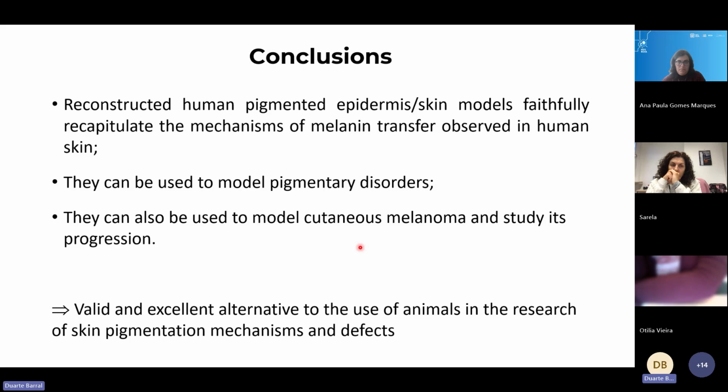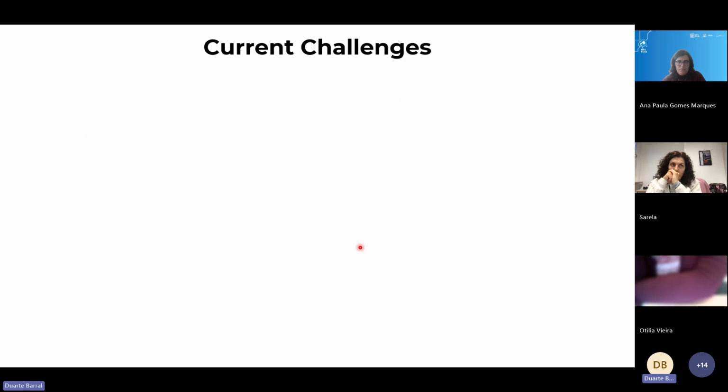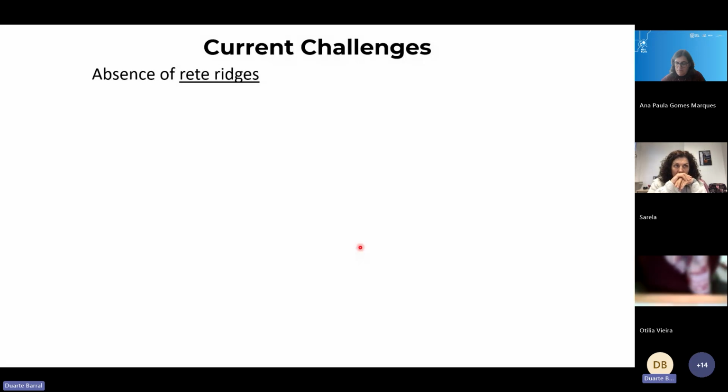And just to finish, by adding these current challenges: of course, these models are still under development. Some of the improvements the community is doing are, for example, that these models don't have what exists in the skin that is called the rete ridges.